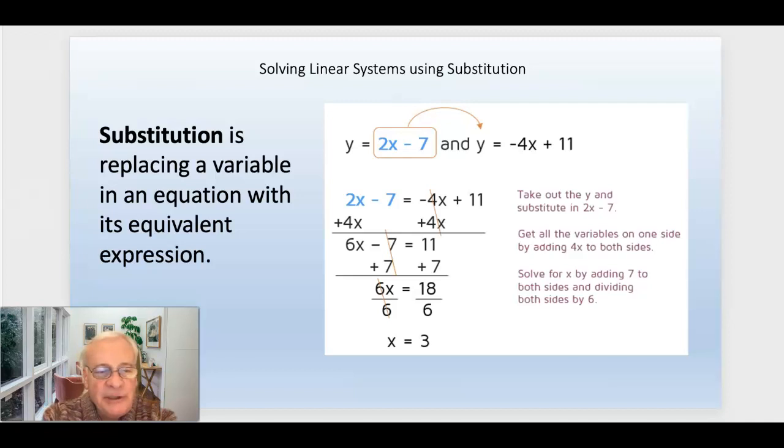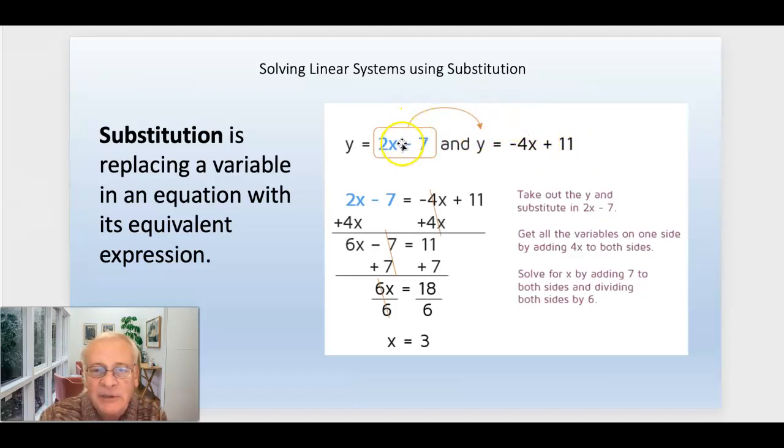Now, substitution is simply replacing a variable in one equation with its equivalent expression. As an example here, if y equals 2x minus 7 and y equals negative 4x plus 11, we can make these two things equal to each other. They both equal y.